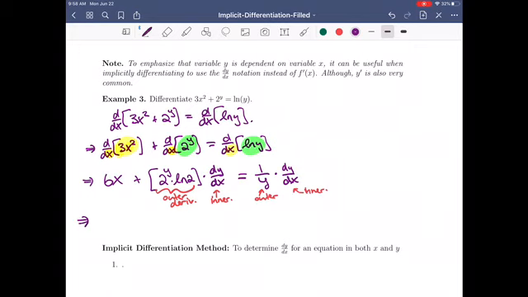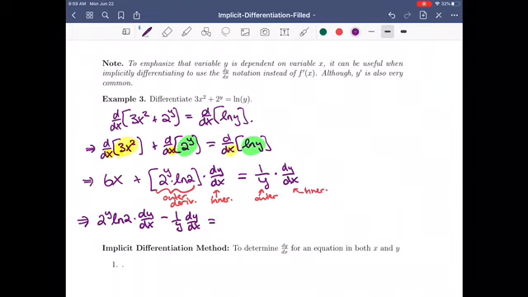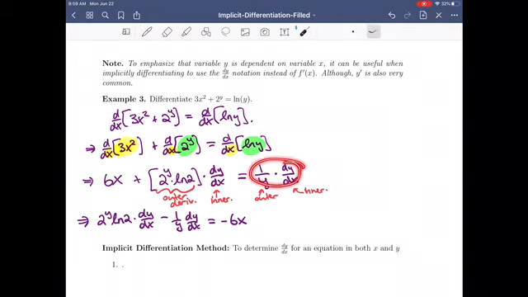So I'm going to have 2 to the y ln 2 times dy dx minus 1 over y dy dx is equal to negative 6x. So I moved this term to that side by subtracting, and this term to that side also by subtracting.